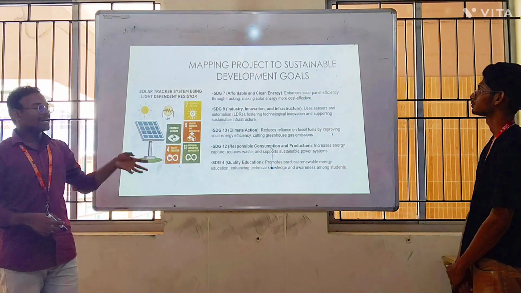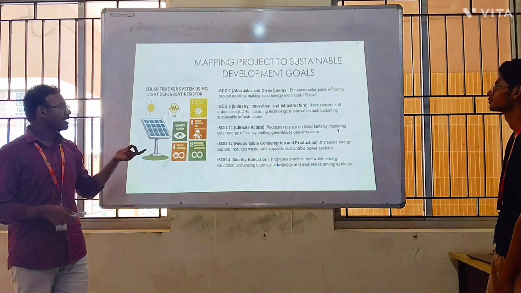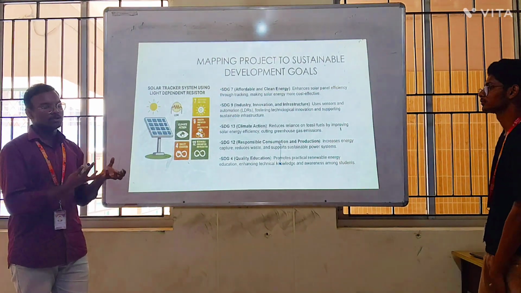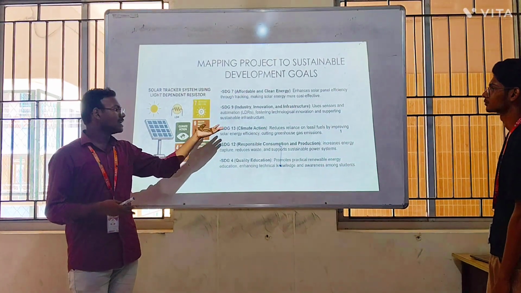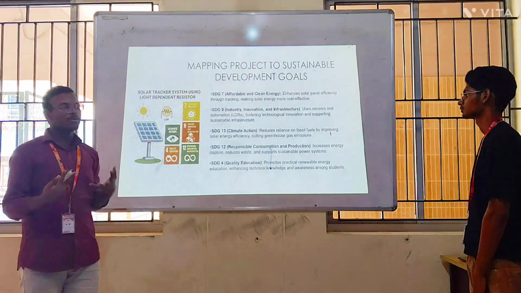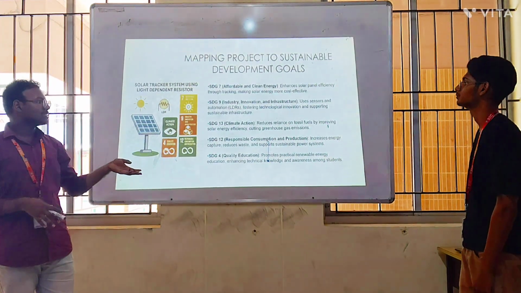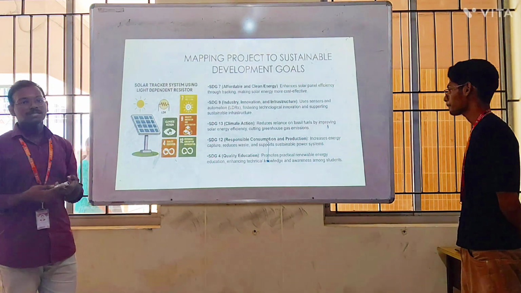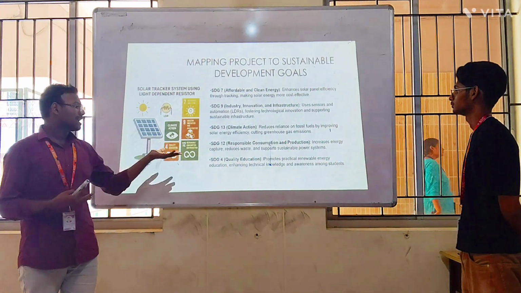SDG 7 is affordable and clean energy, as we use solar panels for efficient tracking and making use of solar energy. Industry, innovation and infrastructure: we use sensors and LDRs, leading to technological innovation and supporting sustainable infrastructure. SDG 13, climate action: instead of relying on fossil fuel, our project aims to use solar energy.